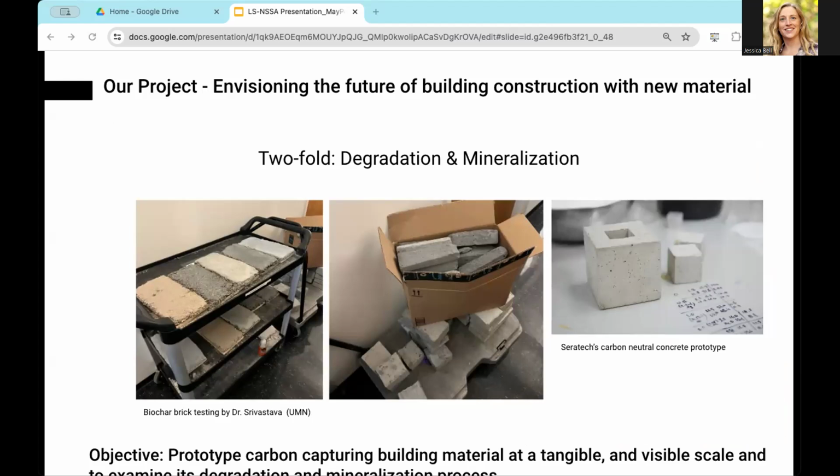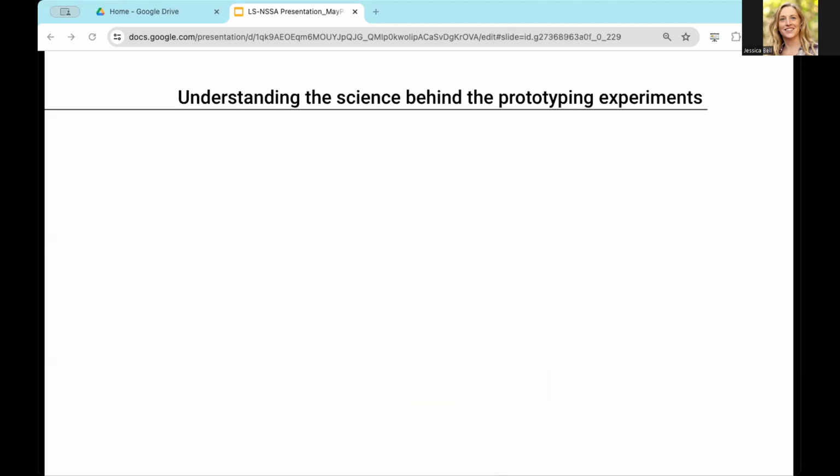The objective is to prototype carbon capturing building material at a tangible and visible scale, to examine its degradation and mineralization process. So we need to understand the science behind the prototyping of experiments, and David will go over this.